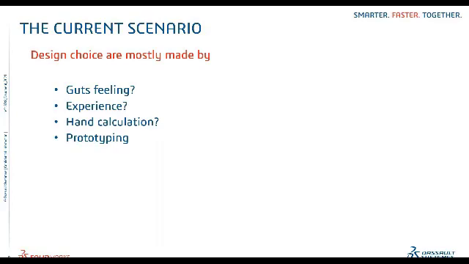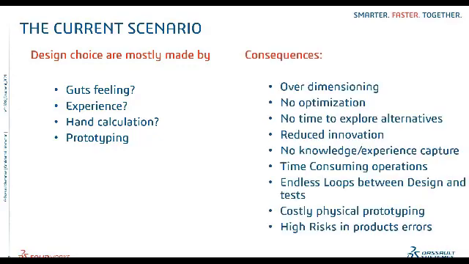So what is the current scenario? The designs we mostly choose are basically from gut feelings, experience from previous knowledge, calculations, and physical prototyping. What are the challenges with this? We are investing a lot of time and money in it. In order to reduce the time to market, we will go with the MODSIM approach.